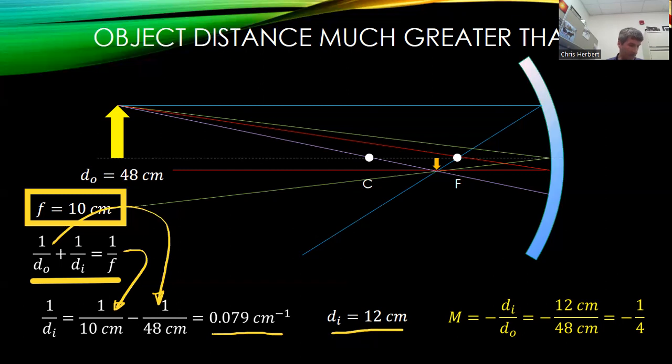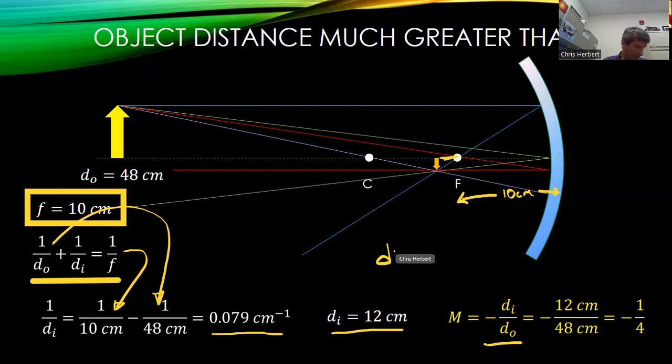And that seems to match what I have here. The focal length, again, 10 centimeters. And it looks like, yeah, I'm about 2 centimeters beyond the focal length. So that image does work right there. And now the magnification is negative DI over DO.